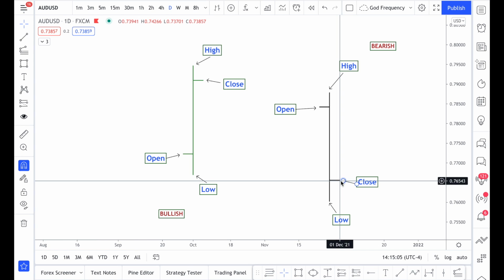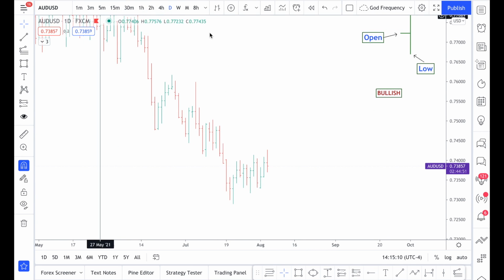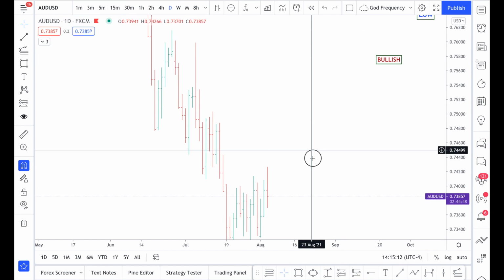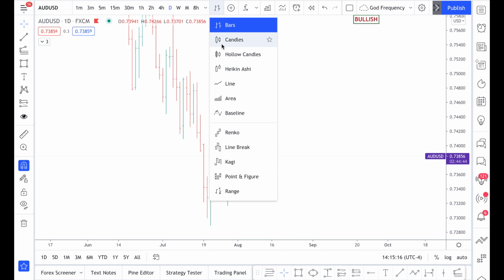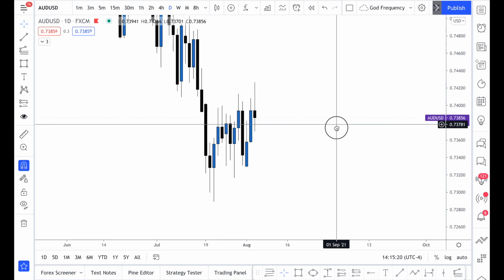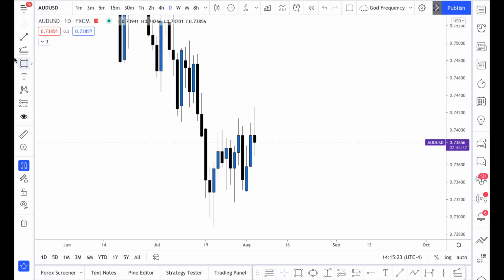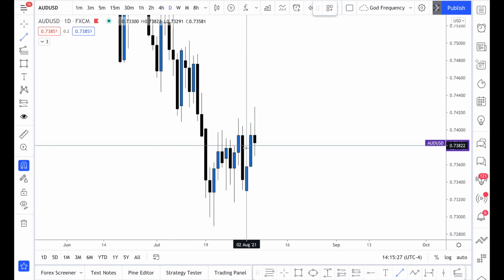So when I come to the chart, I can go back to the candlesticks and anticipate when I'm looking at this chart, for instance.